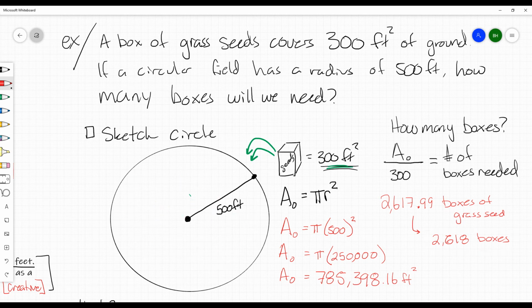Okay. So this problem gave us the radius. If it was giving you the diameter, you should be able to do the same thing and just infer that half of the diameter is the radius. So D would equal 1,000 feet. And then you can use this information to answer any further questions.